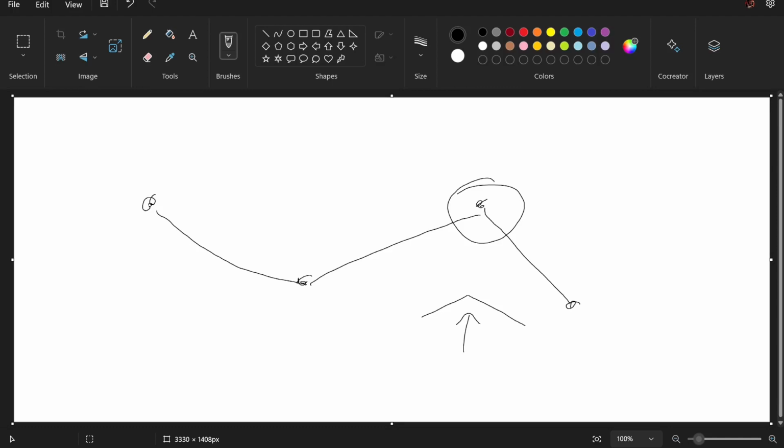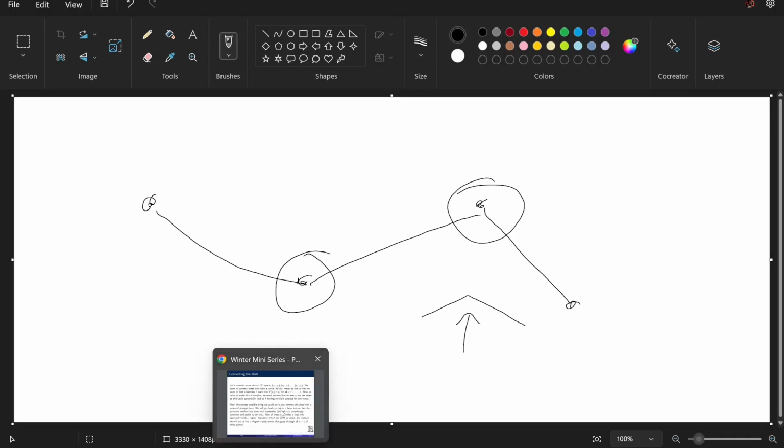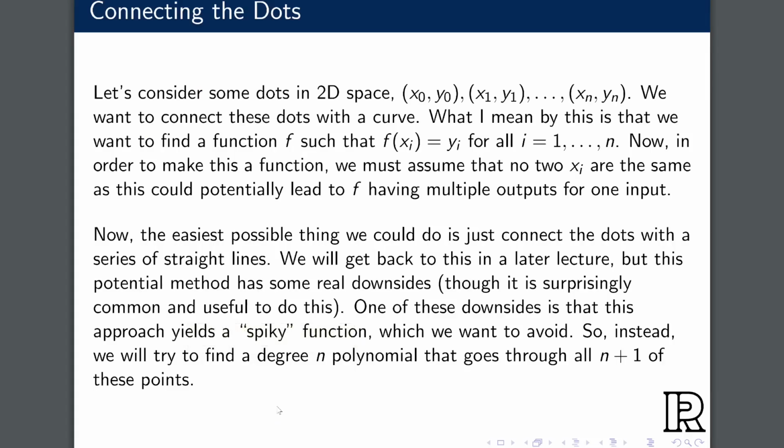For instance, if you were to move a person along this very spiky path, at each one of these spikes, they would experience quite a bit of jostling. They would basically experience quite a bit of force to move them over those spikes. So we want to avoid these spiky paths, and instead we will prefer to use paths that are smooth.